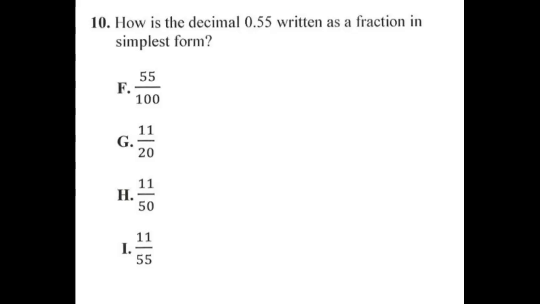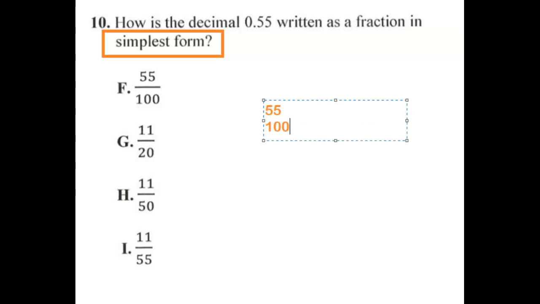But the tricky part on this question is it says simplest form, which means we have to simplify it. So if we get 55 over 100, we have to decide, well, what number can go into both these numbers so I can simplify it and make it a smaller number. I know I could divide them both by 5, right? Because if it ends in 5 and 0, that means they're divisible by 5.